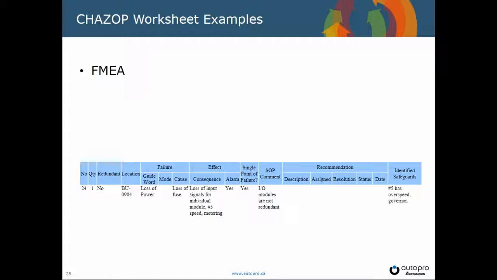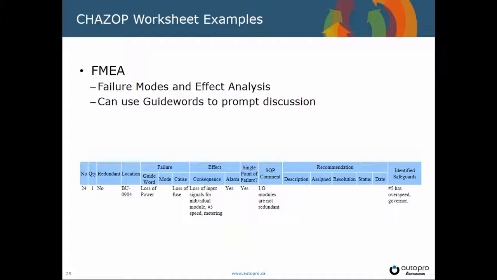The third method that I'll talk about is an FMEA, failure modes and effect analysis. We basically take the bill of materials and break that down according to the architecture drawing that we've noted, and then I combine this with guide words to prompt the questions, and we follow this through. On this sheet, we're looking to see if things are redundant. So we're looking for the failure of our equipment.